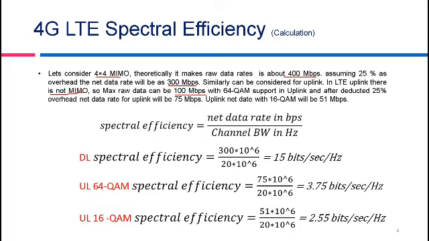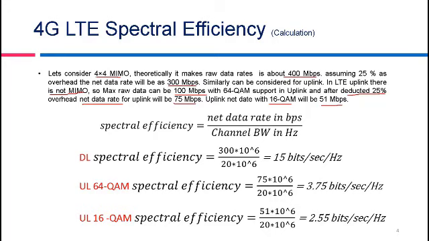Similar to downlink, if we deduct 25% overhead in uplink, which could be because of your RACH channel or your uplink control channel, then the uplink net data rate will be about 75 Mbps. And assuming 16 QAM as the maximum uplink modulation, we can say that 51 Mbps can be the net data rate.